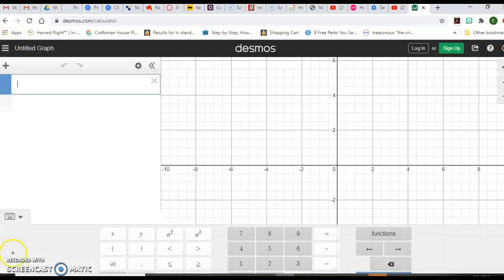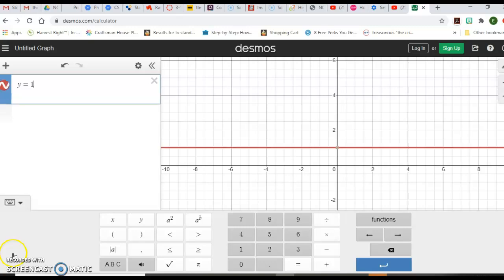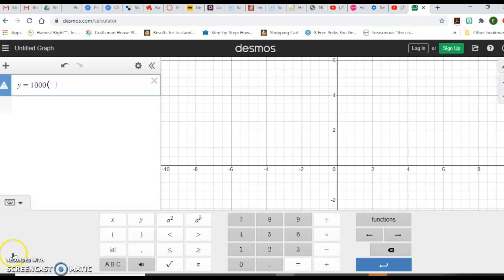You've got the equation y equals 1,000 times 1.05 raised to the x. So that's going to be off our graph. We're not going to be able to see it right there.